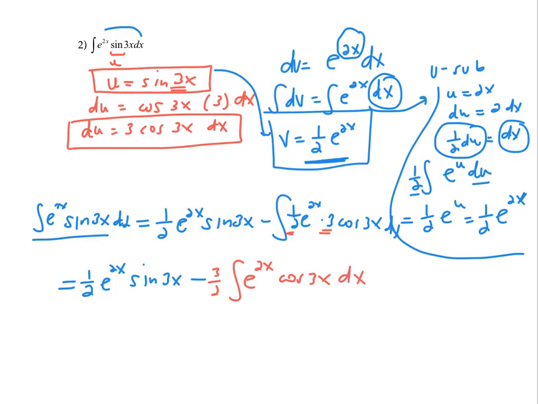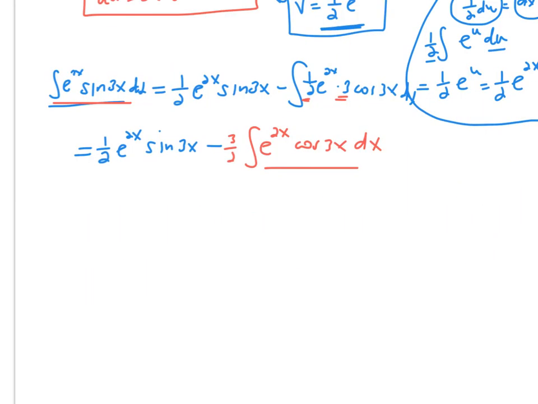Okay, so we've done the process of integration by parts one time through, and notice that this integral is not the same as the original, so we're going to try it a second time. With the second time through, we are going to let u equal cosine of 3x.